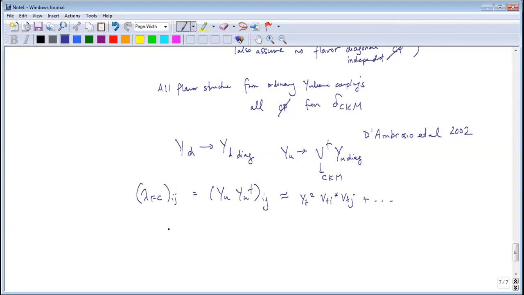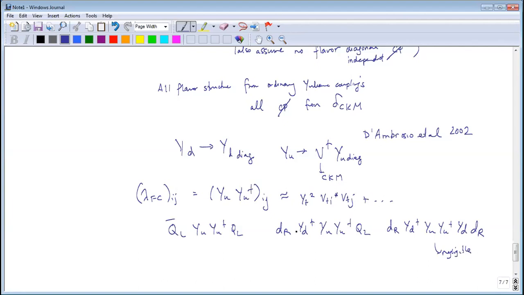So you can write down operator structures like Q left, YU dagger to the left, D right, YD dagger, YU dagger to the left, and so on. Anything where you have 2 D rights is going to be negligible, because you'd always have to somehow connect them via the YU dagger insertion.